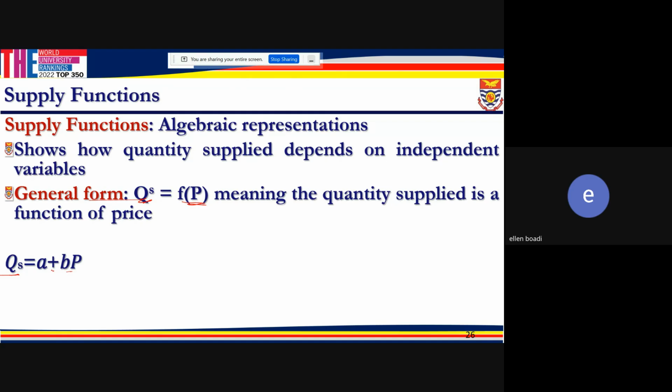Why do we have a plus here? What does the plus sign tell us?